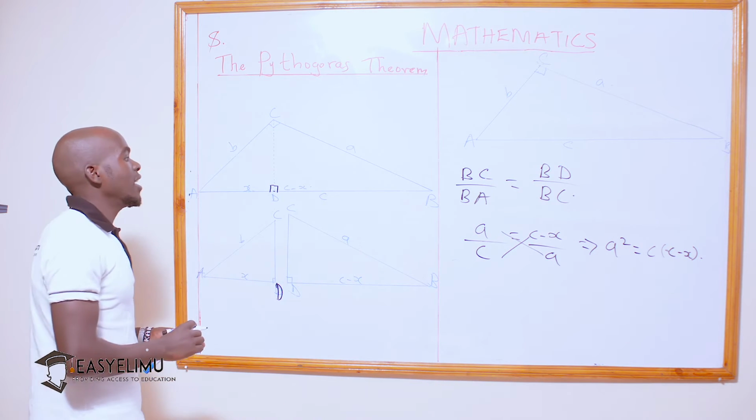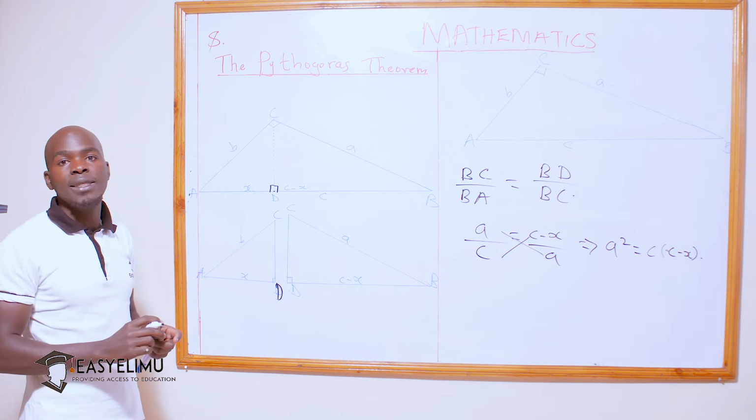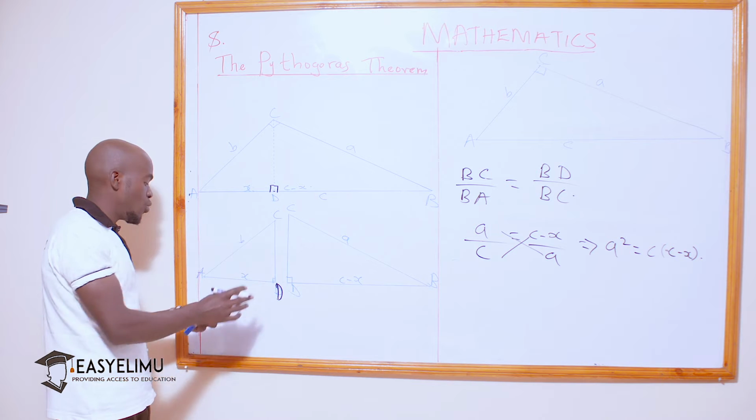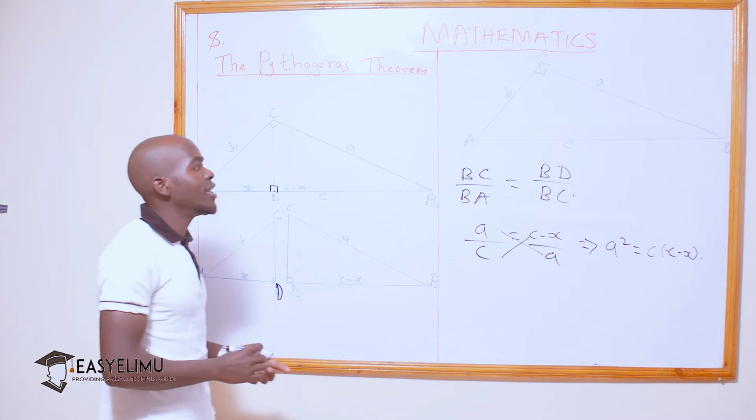Because the three triangles are similar, I can also relate this smaller triangle, ADC, with the larger one.